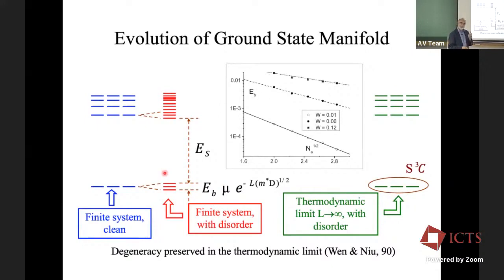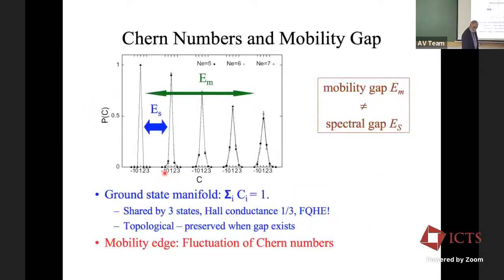So that one is shared among 3 eigenstates, and the way to understand the 1/3 conductivity is to say that the ground state manifold carries 1/3 per eigenstate. And so that's how you understand the fact that this is a 1/3 quantized Hall effect.